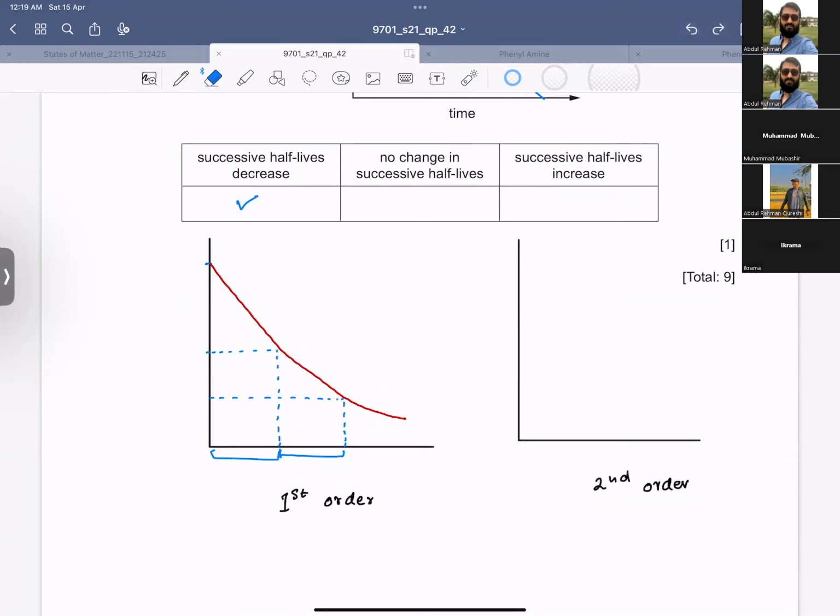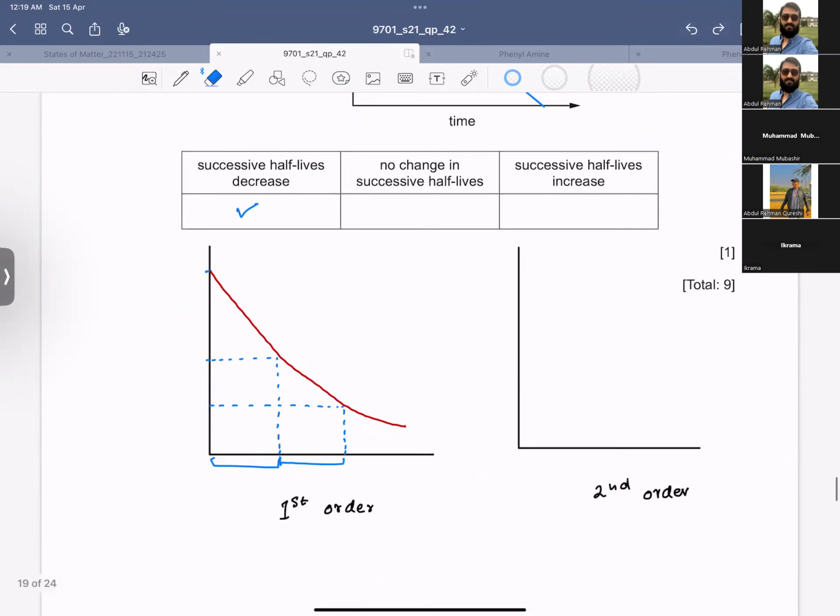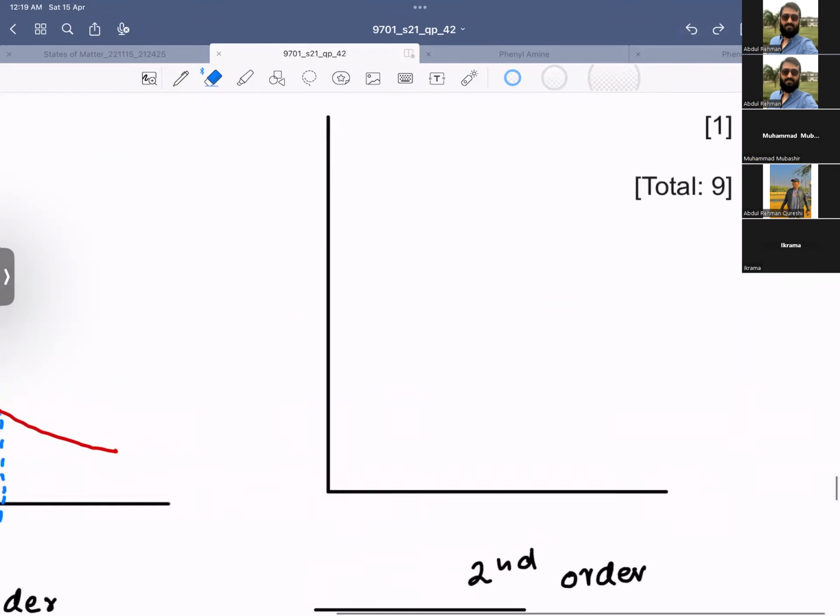Okay. In the same way we would do for the second order. First, we would mark the initial concentration. Then half of it. And here I would go down earlier. Then take its half.